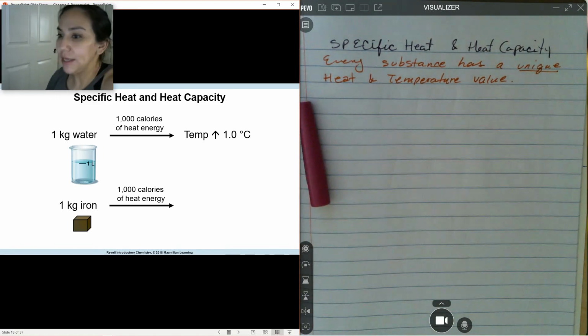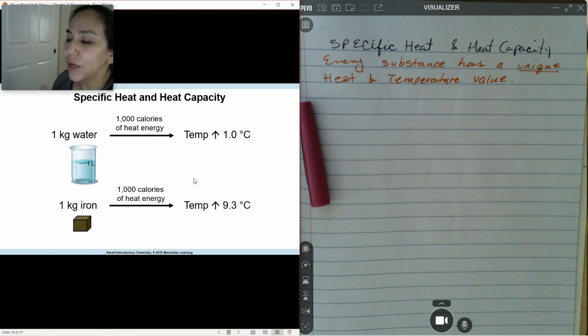So specific heat, let's just quickly, before we get into it, look into this example. 1 kilogram of water, 1 kilogram of iron. Same mass, different substance. If you have 1,000 calories of heat energy and you add it to water, your temperature is only going to increase by 1 degree Celsius. Very specific number.